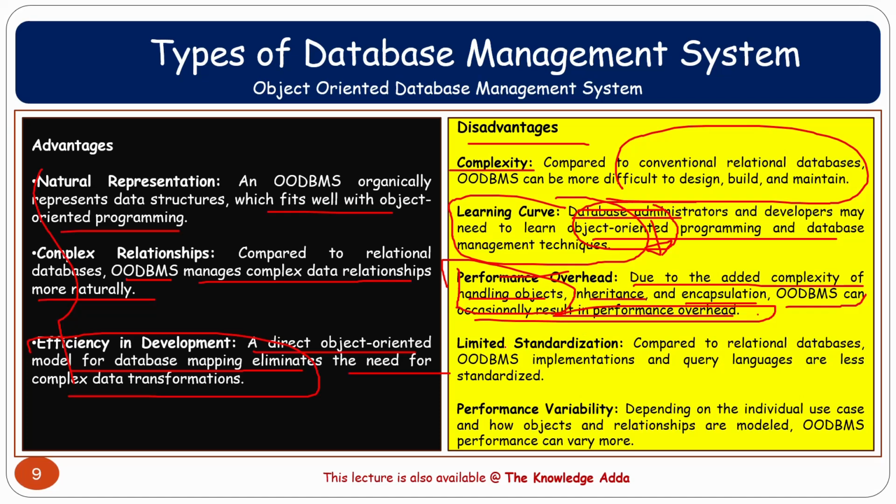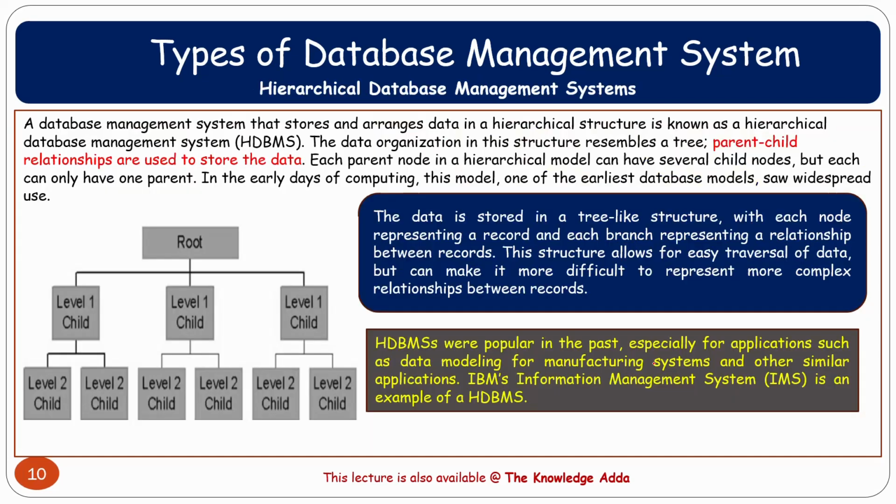And there is limited standardization compared to relational databases. Object-oriented database management system implementation and query languages are less standard, and depending on the individual use cases and how object systems are modeled, the performance of an object-oriented database management system can vary.